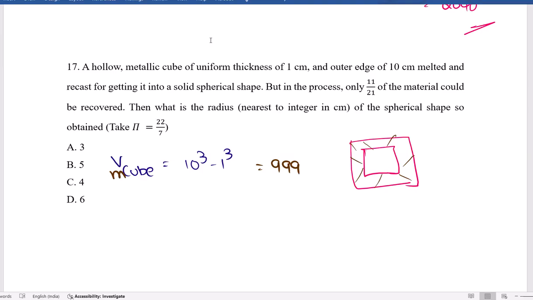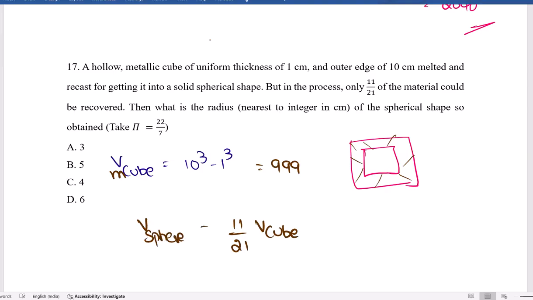A hollow metallic cube of uniform thickness of 1 centimeter. Now we are mapping it to a spherical shape, but only 11 by 21 part of the material is used. So only 11 by 21 part of the cube is used to form a spherical shape.